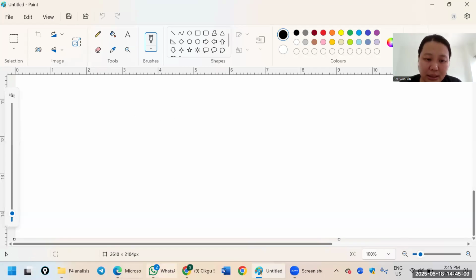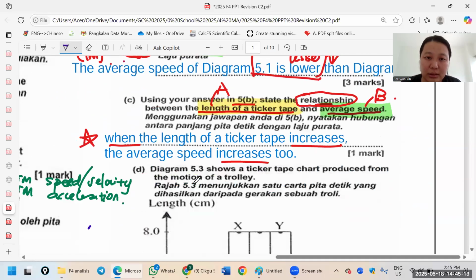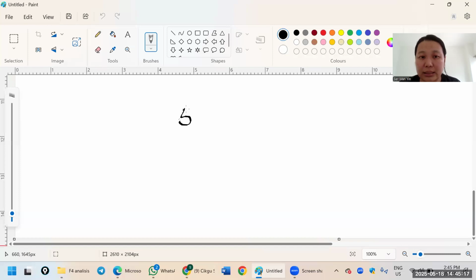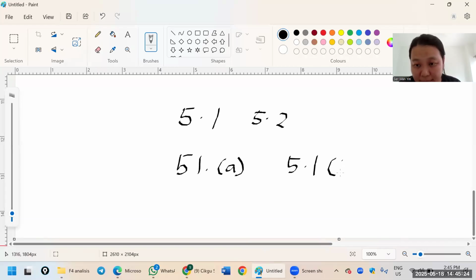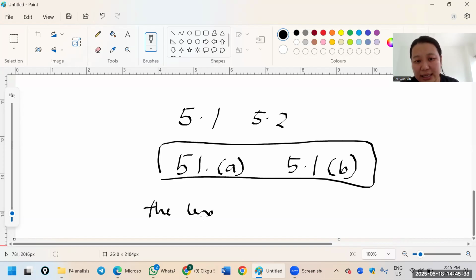Okay, what I want to say. Be careful about this. Just now 5.1, 5.2. Sometimes they have this 5.1a, 5.1b. If they say 5.1a and b, then you compare the length of 5.1 is more than 5.2.